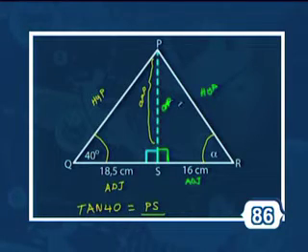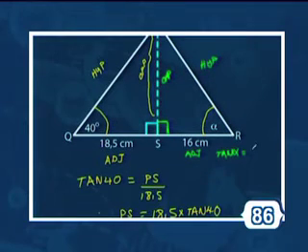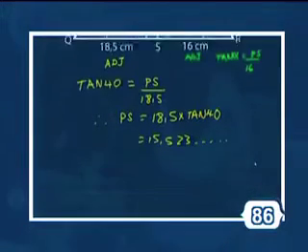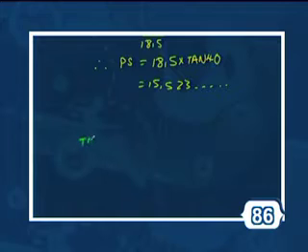So I've got the opposite side, and I'm looking for the angle, using the adjacent. So once again, I'm using the ratio tan. So tan of alpha is going to be equal to the opposite side, which we've just worked out, over my adjacent side, which has a value of 16.